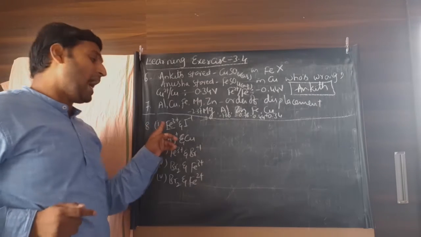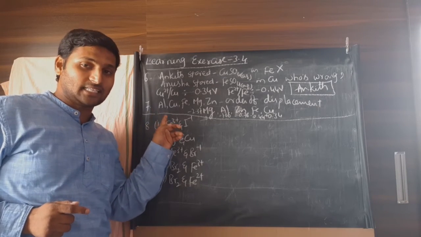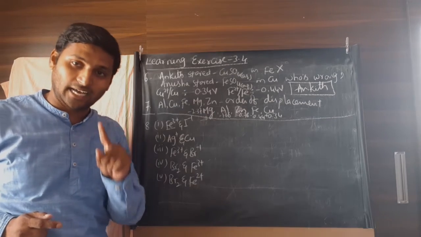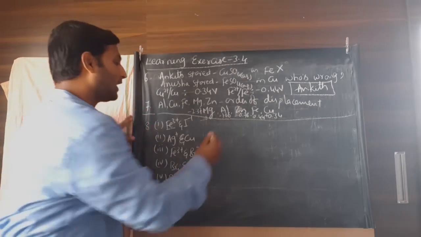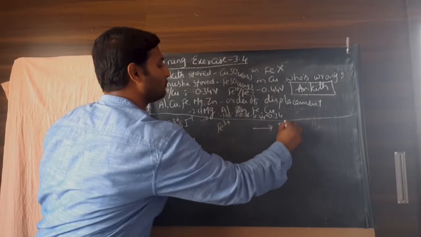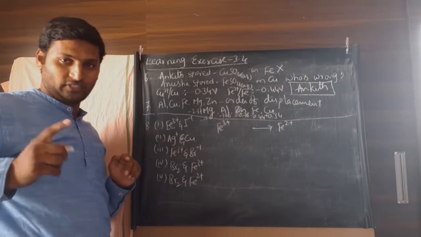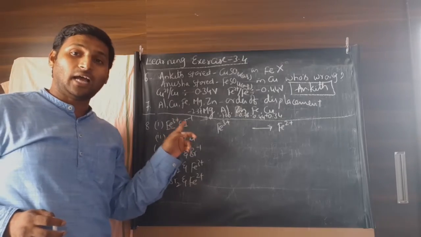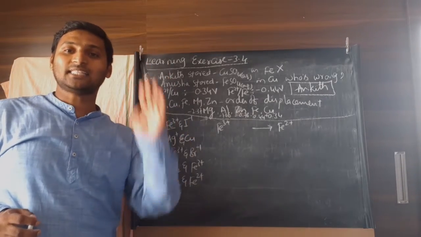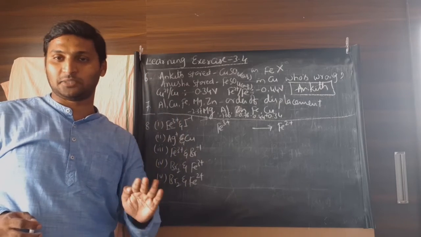Now, iron is in its highest oxidation state already. That means it can only undergo reduction. By undergoing reduction, ferric ion becomes ferrous ion. Similarly, iodine is already in its lowest oxidation state. -1 is the least oxidation state any halogen can exhibit.